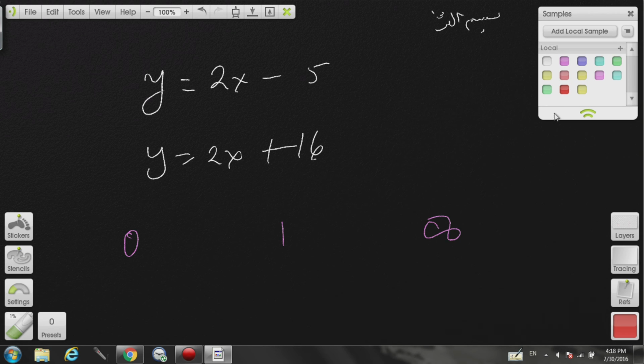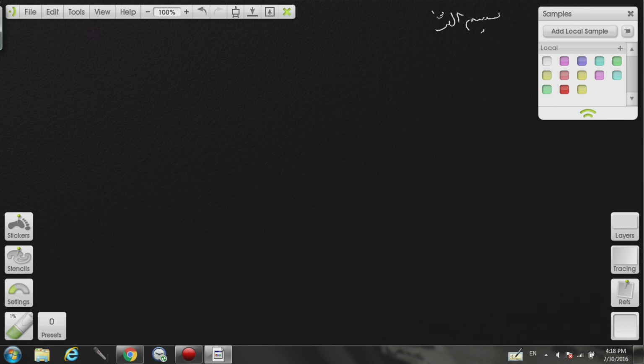Very good. We'll have 0 solutions because these are what kind of lines? They're parallel lines because they have the same slope, correct? Then they will not have any solutions. So watch this. How about this one?